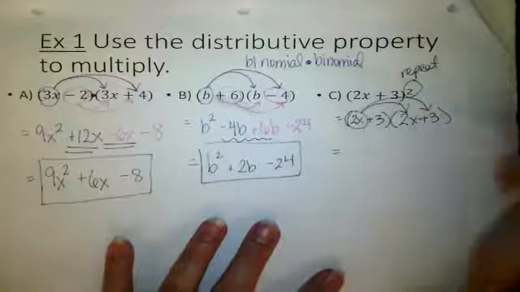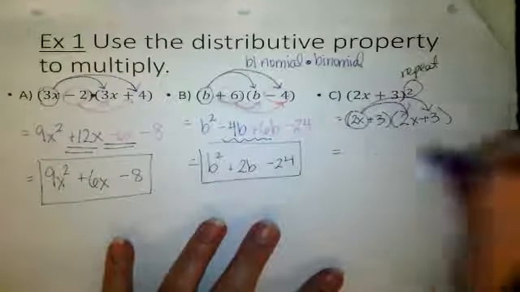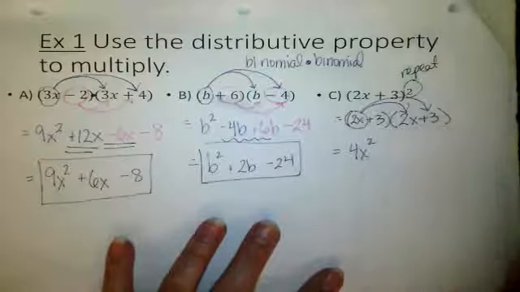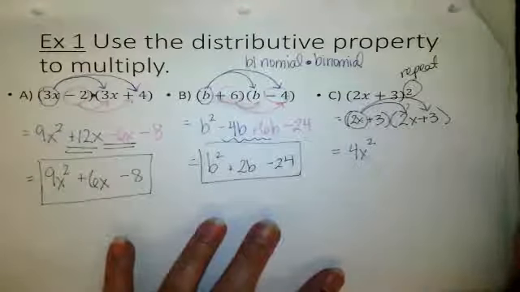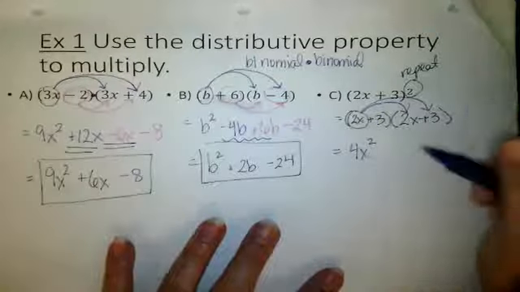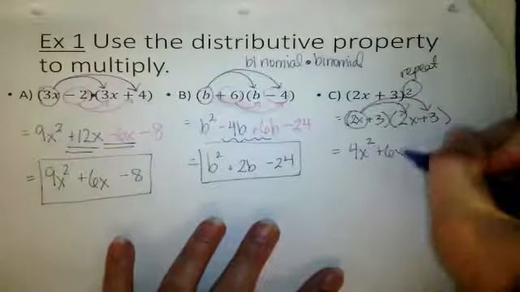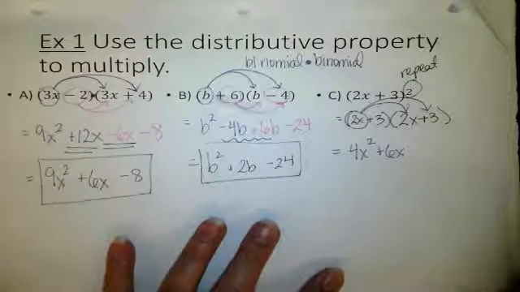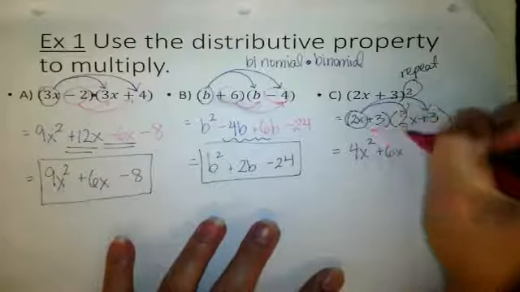What is 2x times 2x? 4x squared. X times x is x squared. Good. And 2x times positive 3, positive 6x. What else do I need to distribute? The 3 gets distributed.